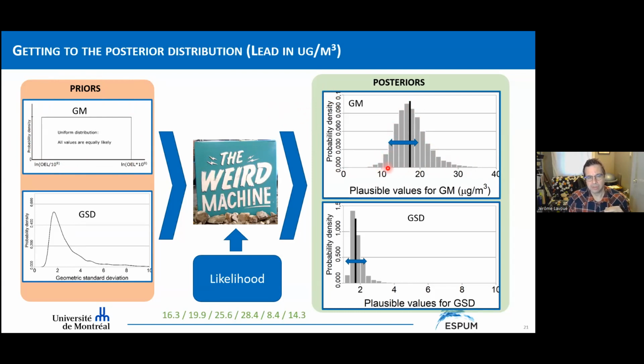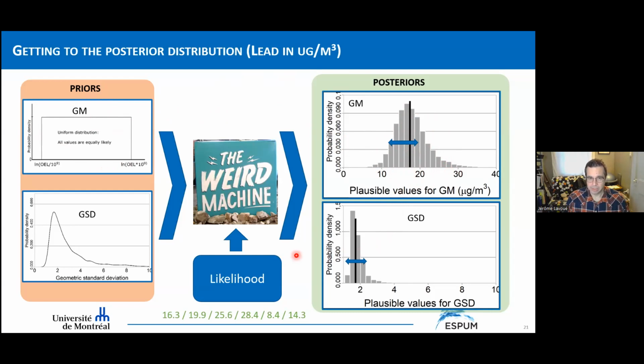And you can see that most values would be between 10 and 30 micrograms per cubic meter, with the most likely value around 18. So you can see a lot of updating from almost no knowledge. And now we know that the most likely value would be between, let's say, 12 and 30. So you can visualize the update process. The arrow is like an idea of a confidence interval.